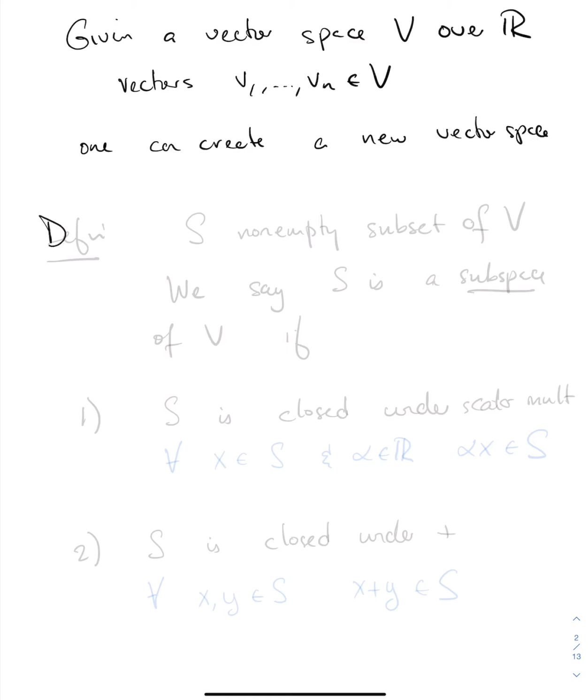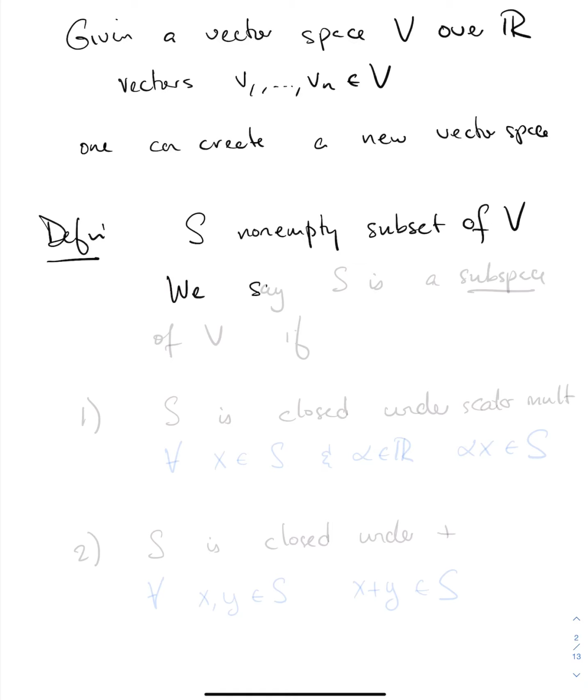Definition. Say S is a non-empty subset of our vector space V, as in, S is just a collection of vectors.